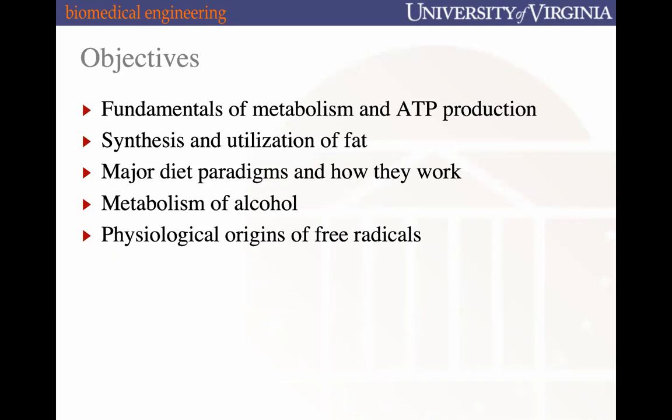And so the objectives of our lecture now: we're going to try and tackle the first couple of parts of metabolism, and ATP production is what we're going to focus on first.